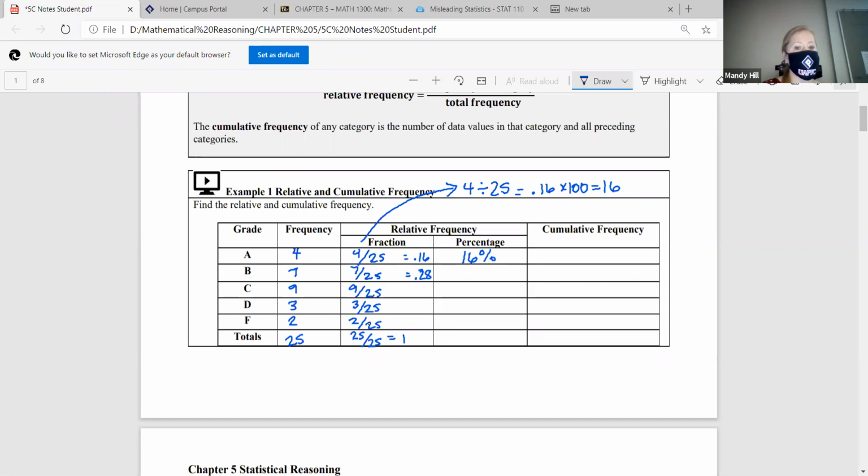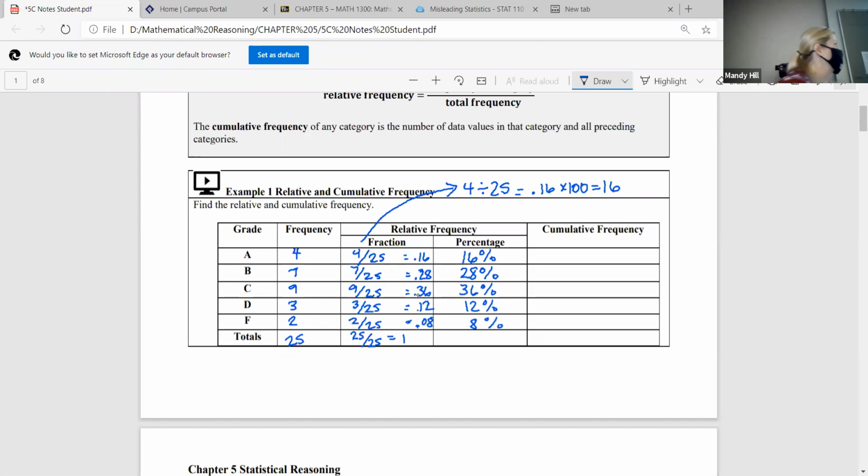If we multiply that by 100, we're at 28%. 9 divided by 25 is 0.36, and that's going to be 36%. 3 divided by 25 is 0.12, which is going to be 12%. 2 divided by 25 is 0.08, which is going to be 8%.